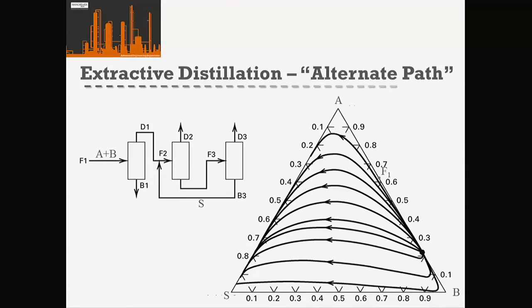But what we can do is run a normal distillation column and get some pure A from our system, and then we can get a composition of our distillate near the azeotrope, okay? So the reason that we do that is because that's simple for us to do, and it gets some of our feed out of our distillation sequence as early as possible.